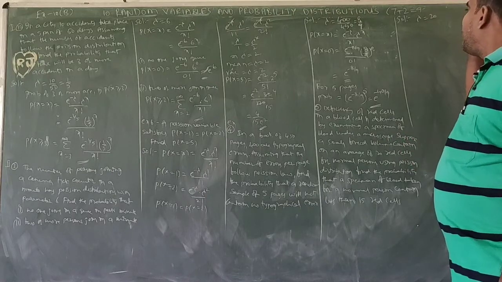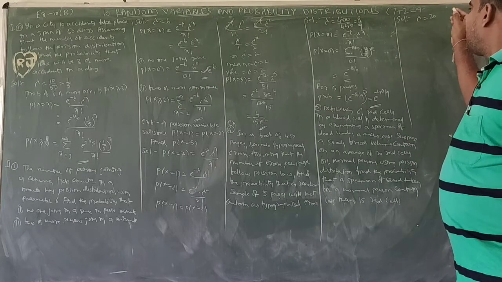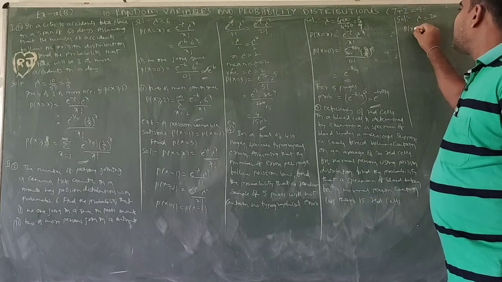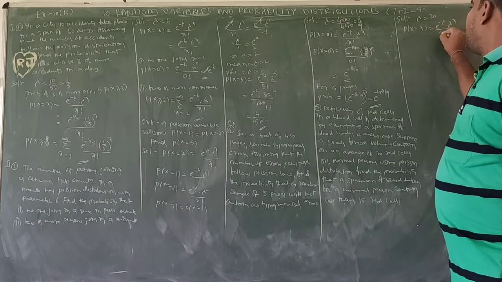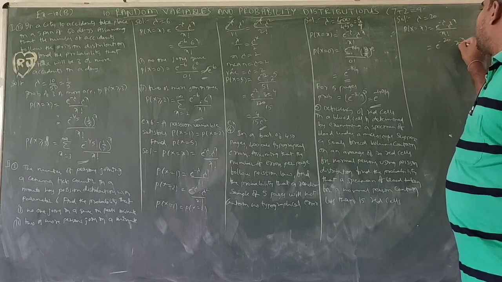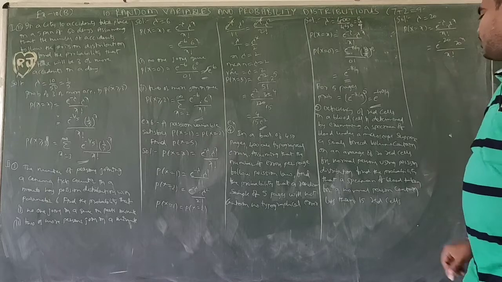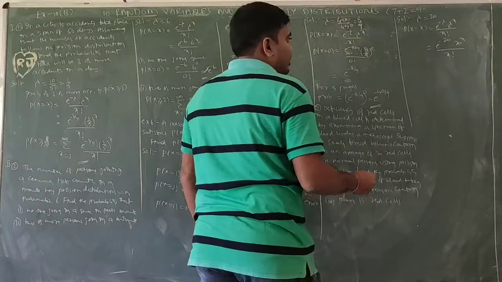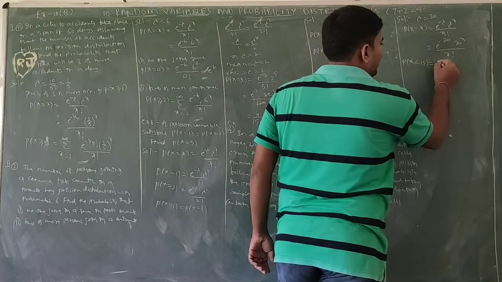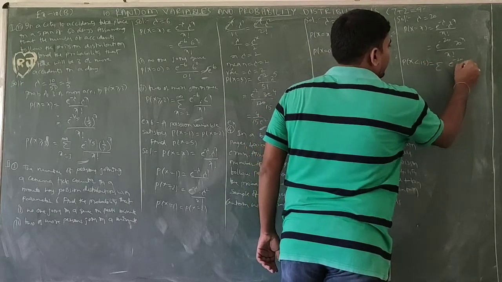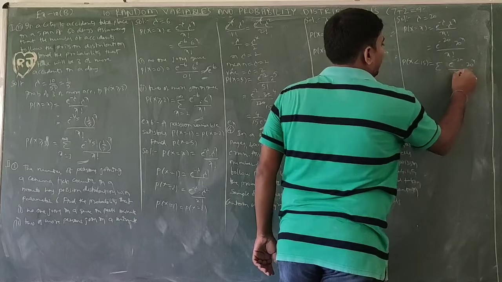Now P of x equal to e power minus lambda, lambda power x by x factorial, that is e power minus 20, 20 power x by x factorial. We need less than 15, so P of x less than 15 is sigma e power minus 20, 20 power x by x factorial.